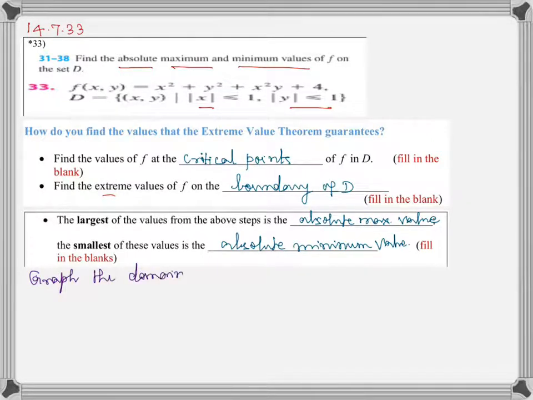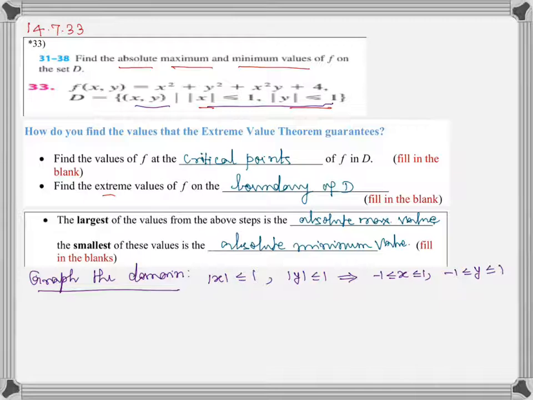So let's graph the domain, which is a square. Absolute x less than or equal to 1 and absolute y less than or equal to 1 mean that -1 less than or equal to x less than or equal to 1 and -1 less than or equal to y less than or equal to 1. So we'll draw the square. The -1 and +1 for x, -1 and +1 for y, and we'll complete the square.